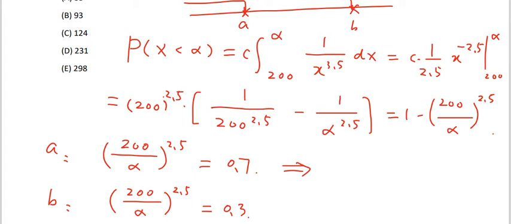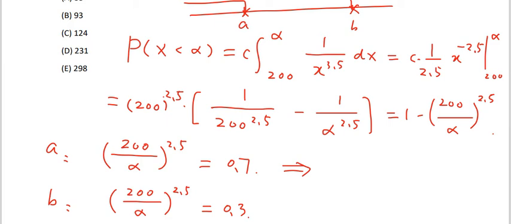So can we get to this a? We just take the 1 over 2.5 power. So this becomes 200 over alpha equals 0.7 to the 1 over 2.5, so alpha equals 200 over 0.7 to the 1 over 2.5.